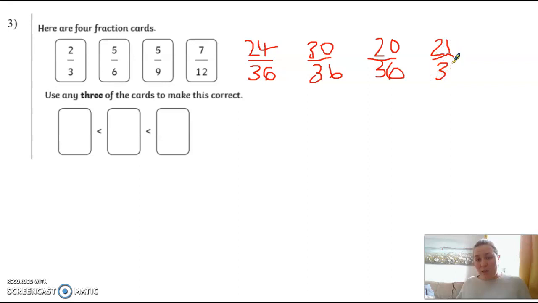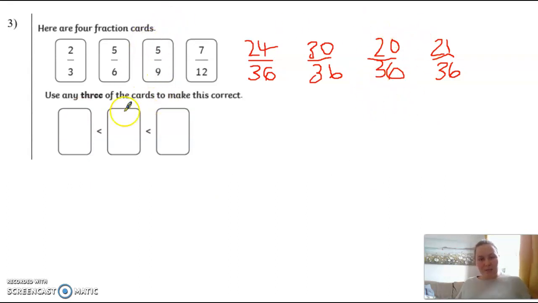So then you can put in anything that works. So I'm going to choose my smallest one. I'm going to make sure I write the original fraction. So 2/3. Oh gosh, sorry, Miss Gary's made a mistake there. Sorry, everyone. Right, so the smallest one is this one.